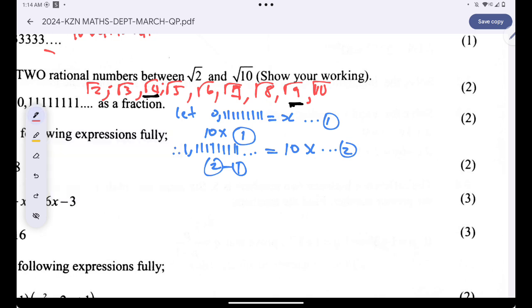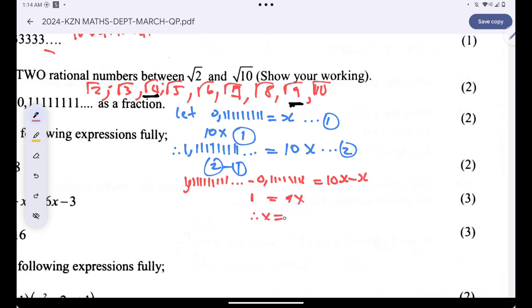Okay, I'll have 1.1111111. There's a comma here, ne? Minus 0.1111111 recurring is equal to 10x minus x. And then here I'll be left with 1. Here I'll be left with 9x.